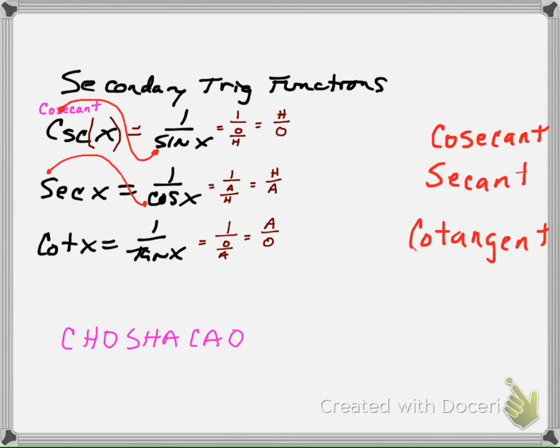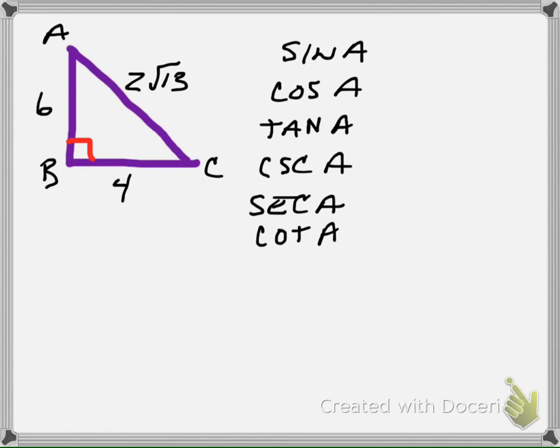All right, so an example. Here we have a right triangle, and I'm asking to find the 6 trigonometric functions of angle A. Well, 3 of them we already knew how to find, and the 3 new ones, all we're going to do is take the 3 that we knew how to find and turn them upside down.